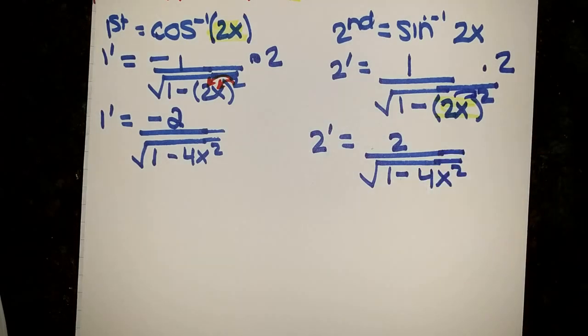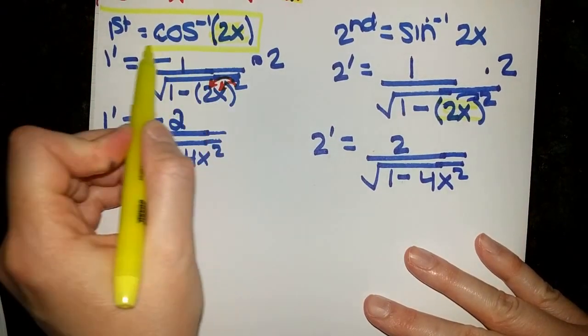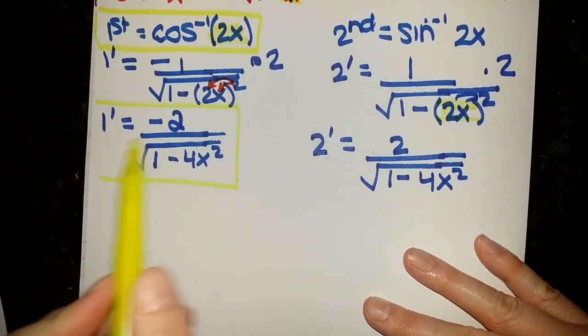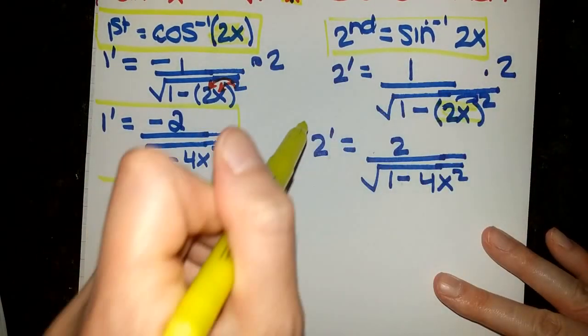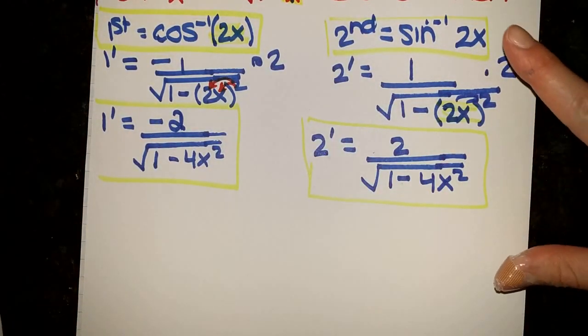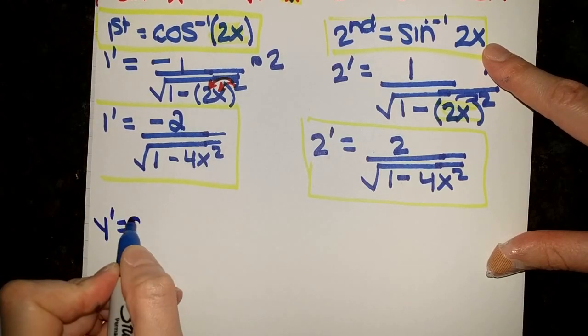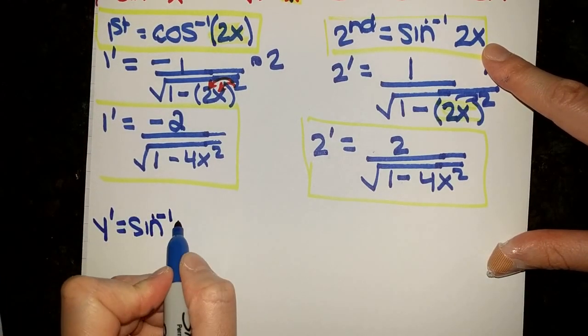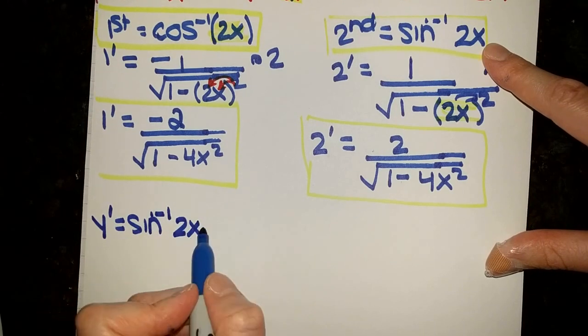All right, so we are using our product rule, and the pertinent pieces here are going to be the first function, its derivative, second function, and its derivative. All right, so plugging into the product rule, we will have y prime is equal to sine inverse of 2x times negative 2.